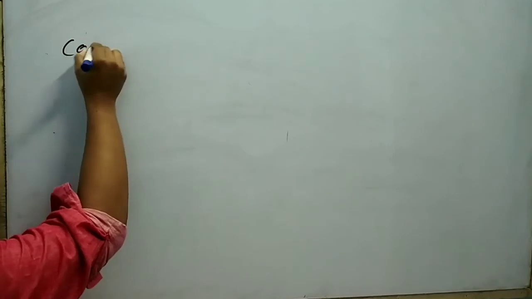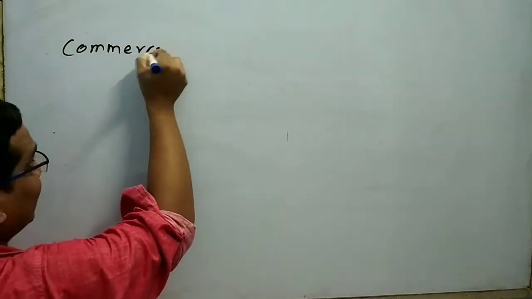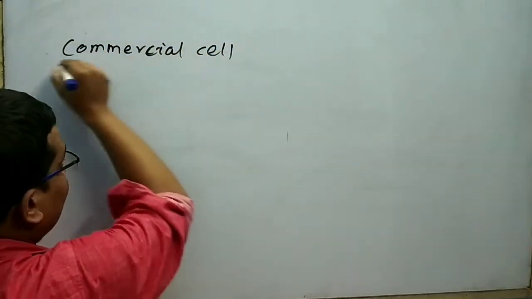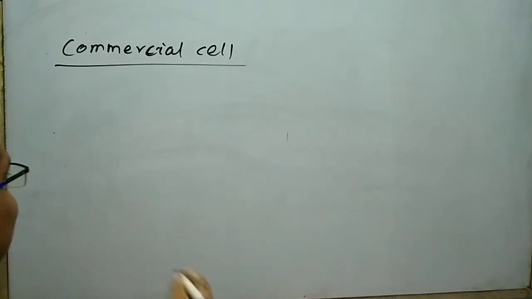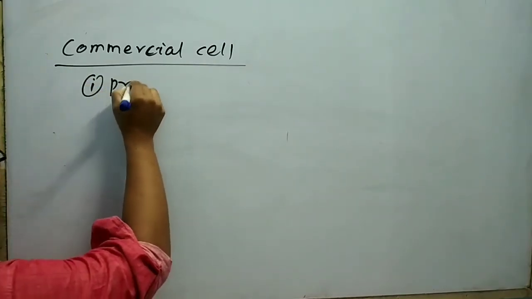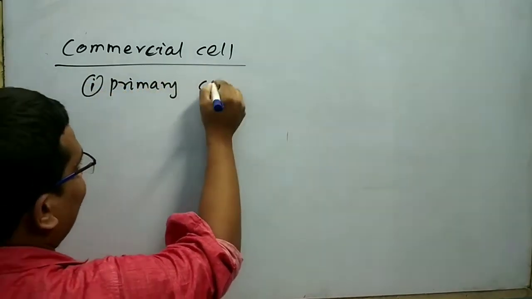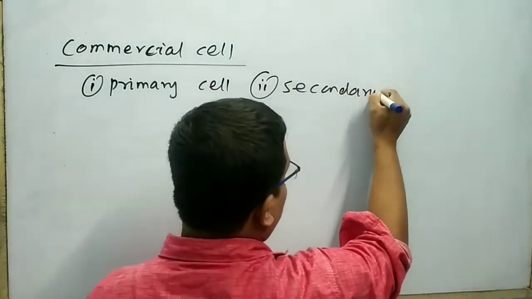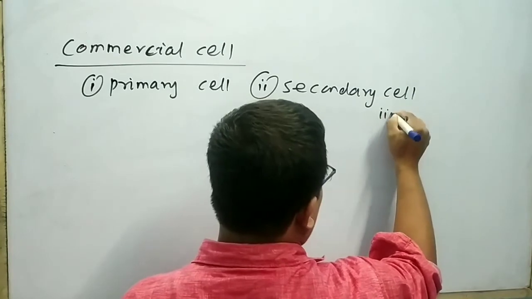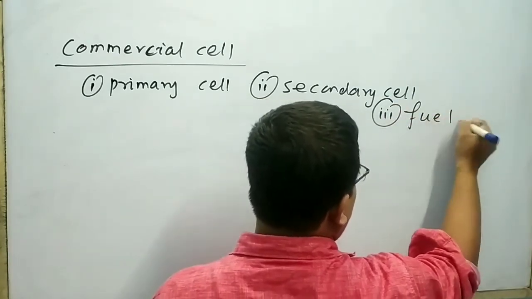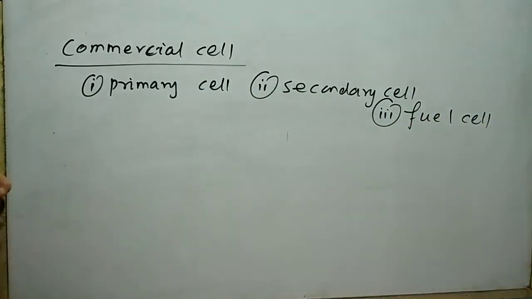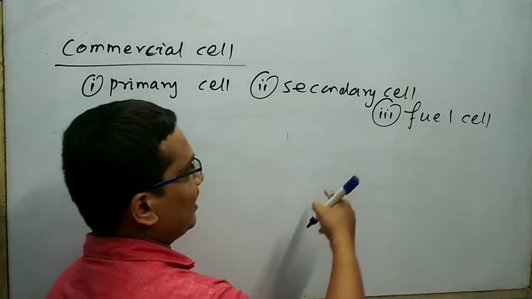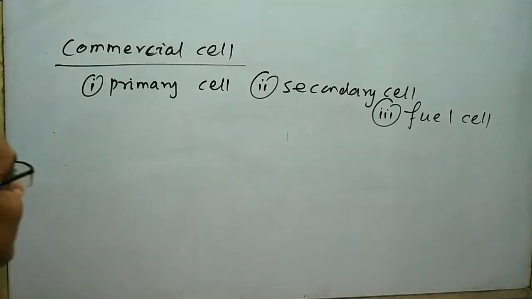Next I discuss the commercial cell. There are three types of commercial cell: first is the primary cell, second is the secondary cell, third is the fuel cell.